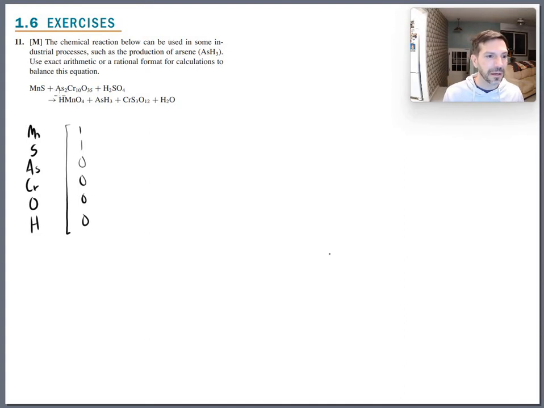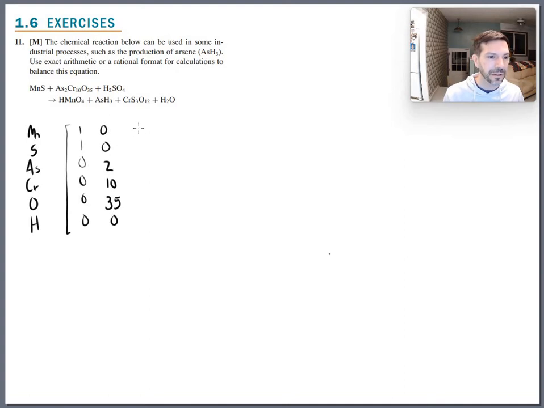So the next one here has 0 of that, 0 of that, 2, 10, 35 oxygens, and none of that.